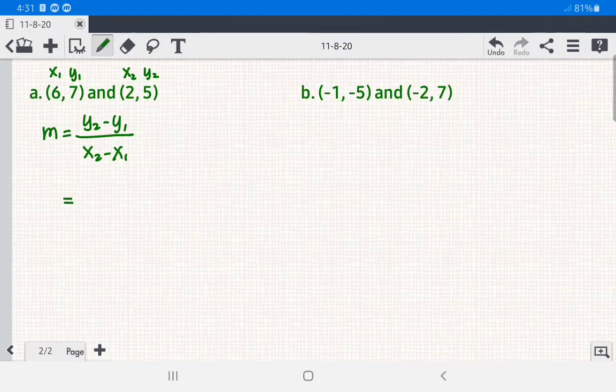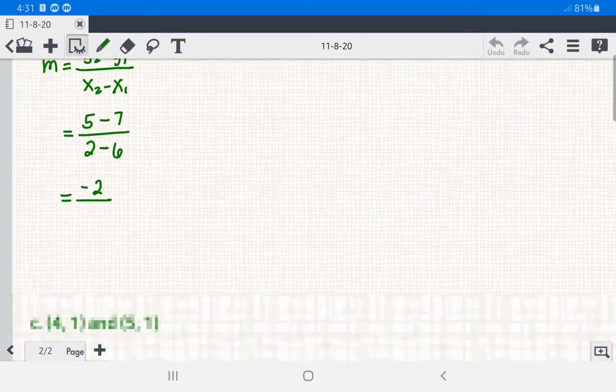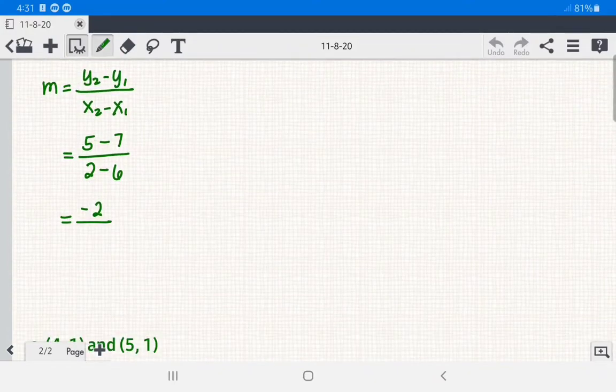By substitution, we have y2 is positive 5 minus y1 is 7, over x2 is 2 minus x1 is 6. Now 5 minus 7 we have negative 2, then 2 minus 6 we have negative 4, or in lowest terms this is positive 1/2. So the slope is positive 1/2.